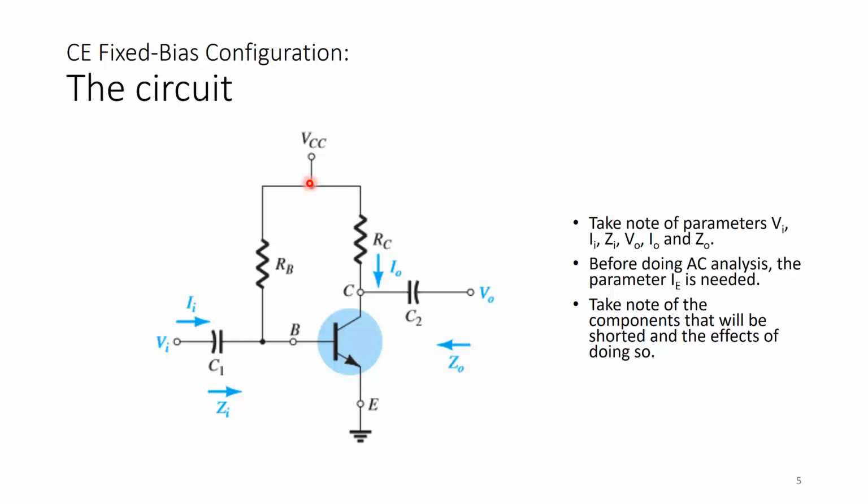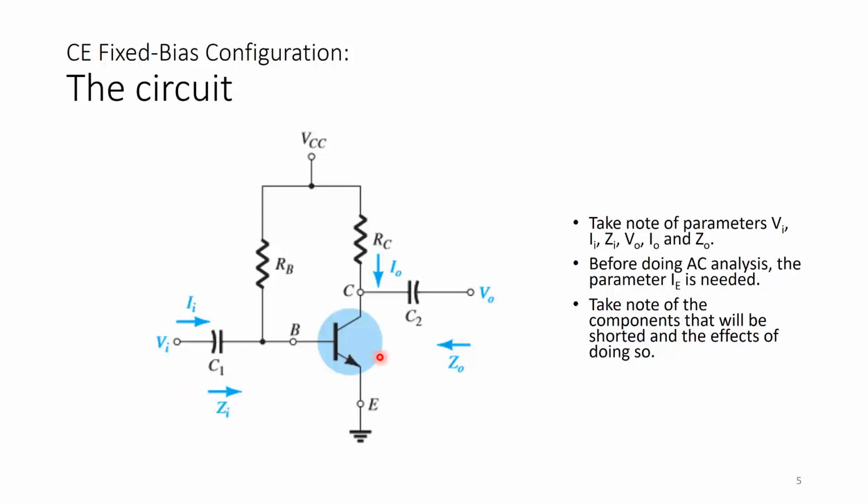Okay, we've already also put down all the 2-port network parameters. We covered 2-port networks in the previous video when we did the AC model. So if 2-port network still sounds vague to you, please have a look at that video for the revision of 2-port networks. So we have Vin, the positive terminal of Vin connected to the base terminal, and Iin is the current that enters the positive terminal of Vin, and Zin is the impedance that we look into at the input port.